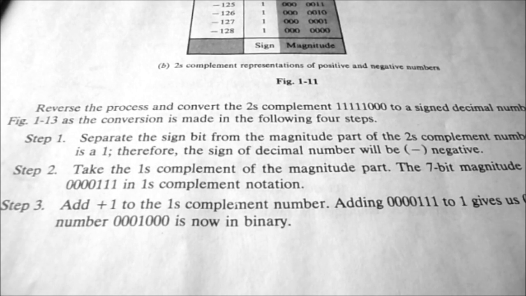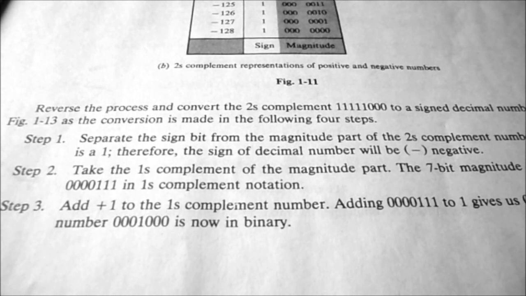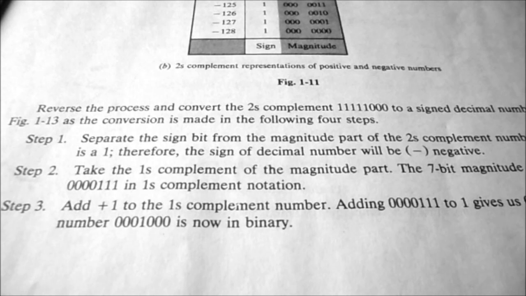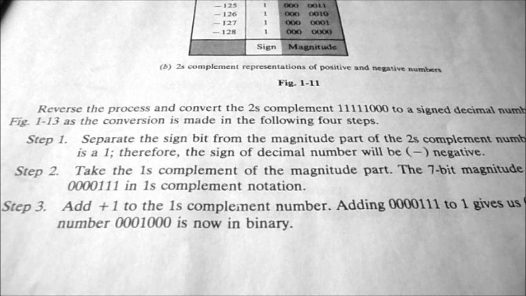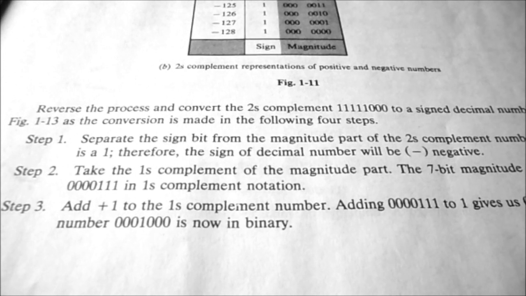While figure 1-13 does show you the steps to convert numbers from 2's complement to signed decimal, make sure you have read section 1-4 in your textbook. It's on 2's complement numbers, and they do show you the reverse process and convert 2's complement to a signed decimal number.